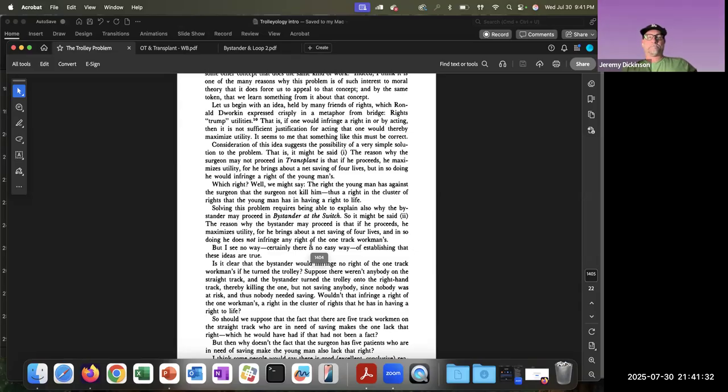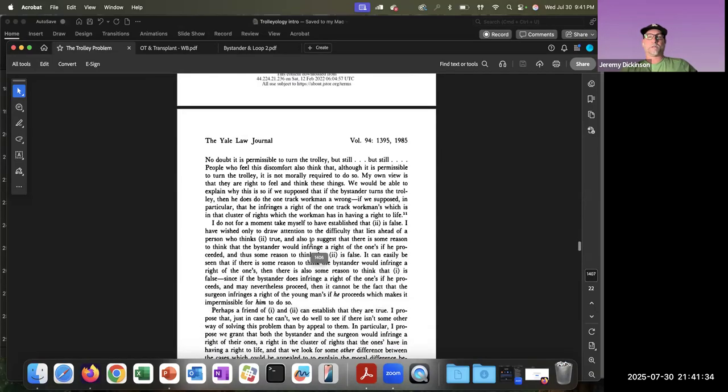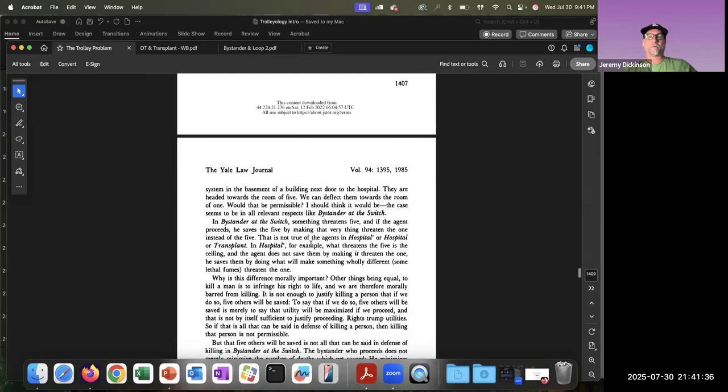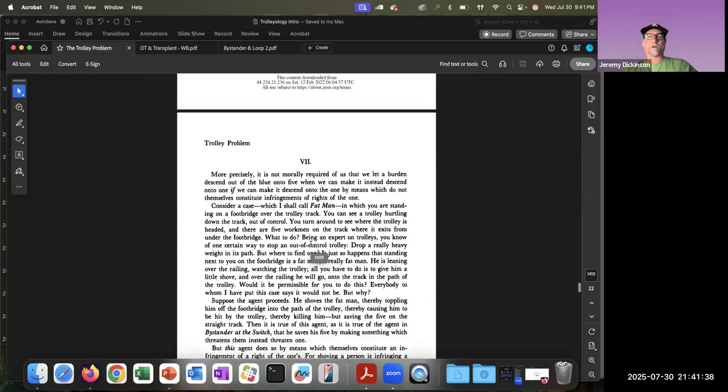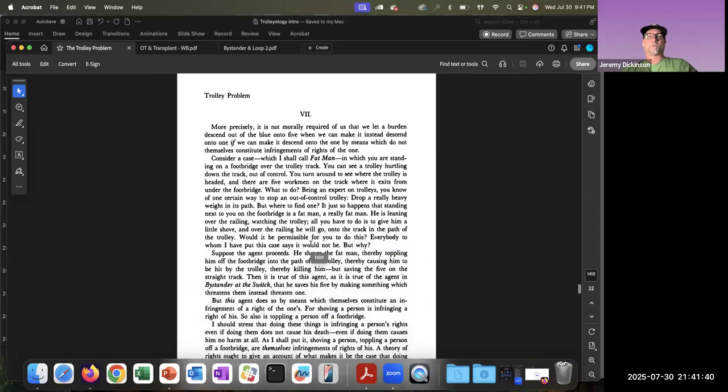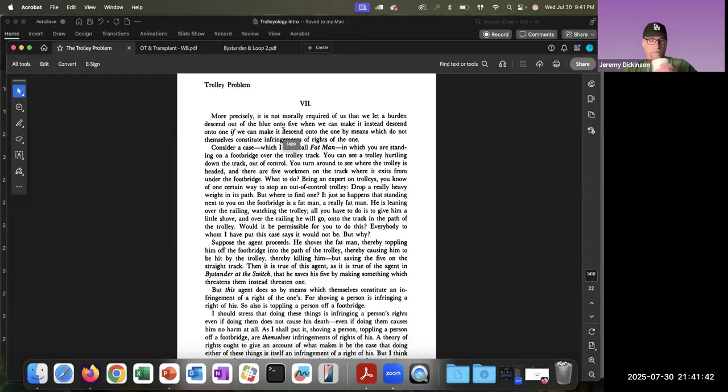Okay. And then, as I said, page 1409, I believe. So here, top of page 1409, section 7, she says more precisely, it is not morally required of us that we let a burden descend out of the blue onto 5 when we can make it instead descend onto 1.